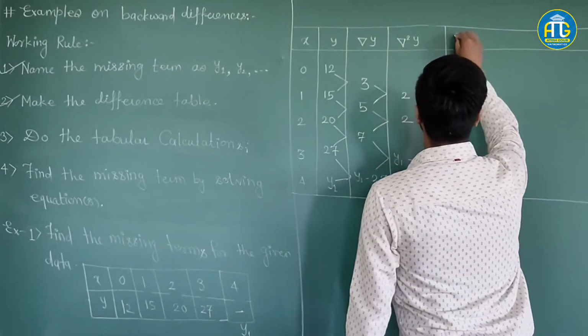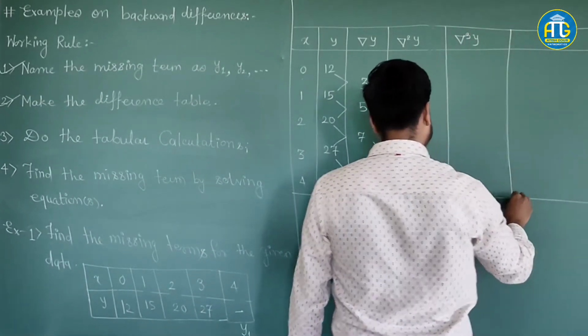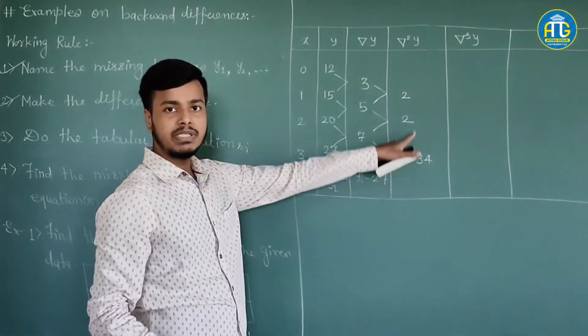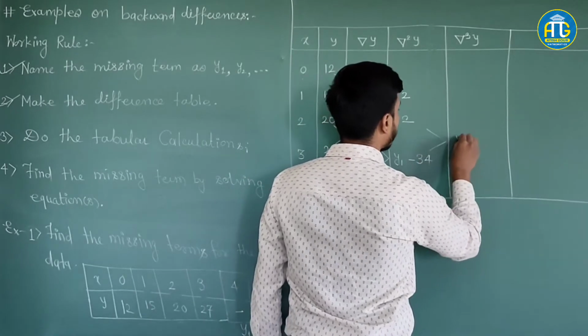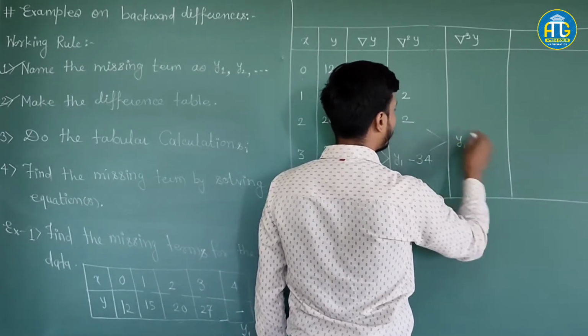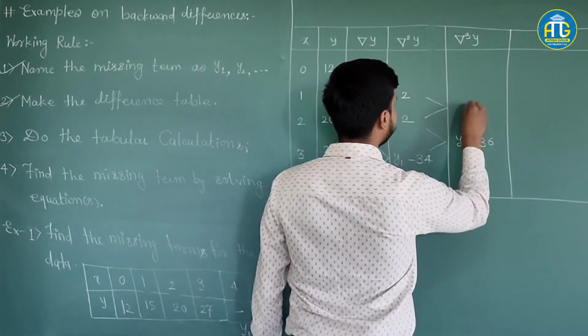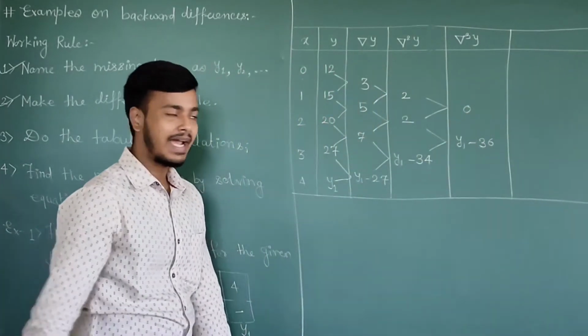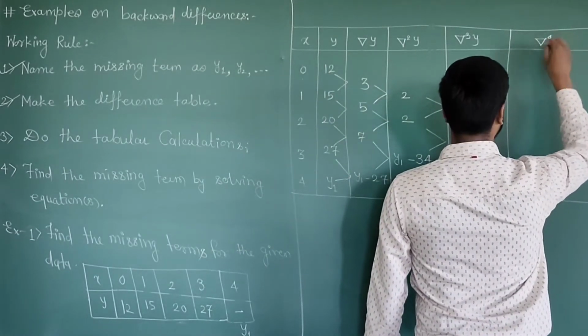Now let us find out the third backward difference. What is the difference between this and this? The backward difference of this and this is nothing but y1 minus 34 minus 2, that's y1 minus 36, and the backward difference of this is 0. And at last, what would be del 4 of y?